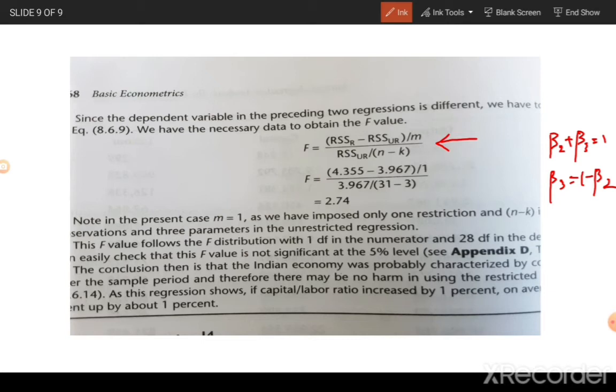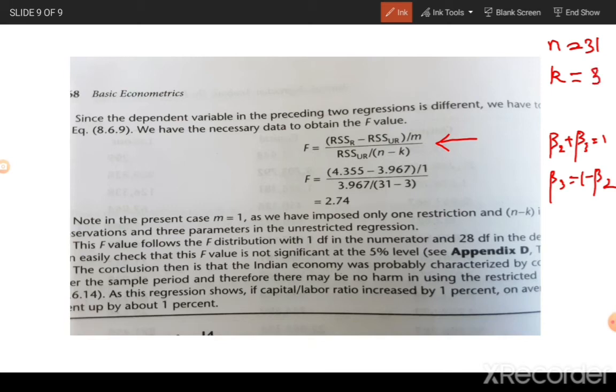N minus K, okay, the details of the sample is not visible in this picture. Basically, my total number of observations was 31. And K, that is the number of parameters that was estimated in the unrestricted model, was the intercept, the coefficient associated with log of capital, and the coefficient associated with log of labor.